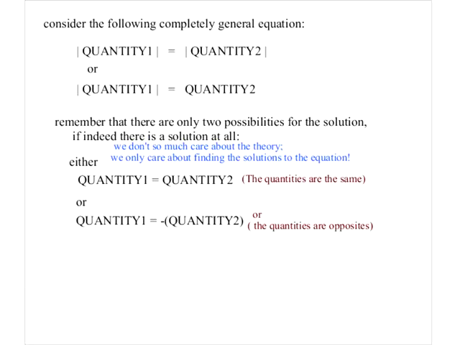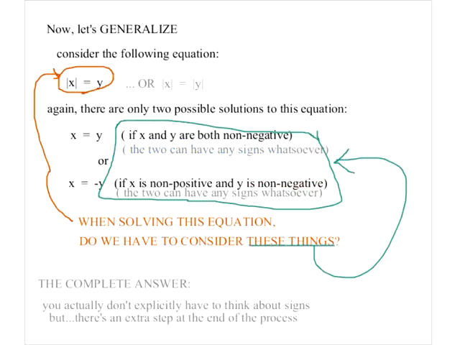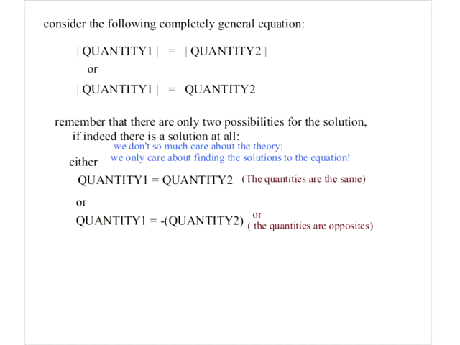Because remember, we're not mathematicians here, we're GMAT test takers. So this stuff over here on the previous slide, this is theory. All this stuff about signs, whatever. But if there's a practical solution that is shorter, then you don't need to bother with the theory. So given that, it turns out that this is all we need to do with a couple of caveats. So we're going to look at an example on the next page.